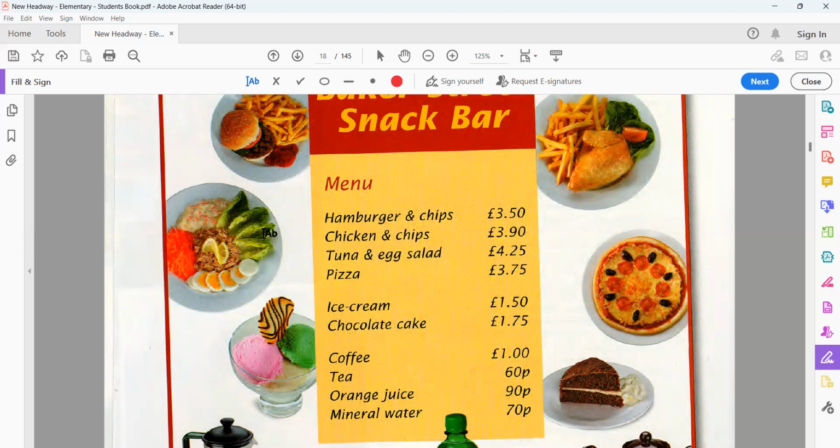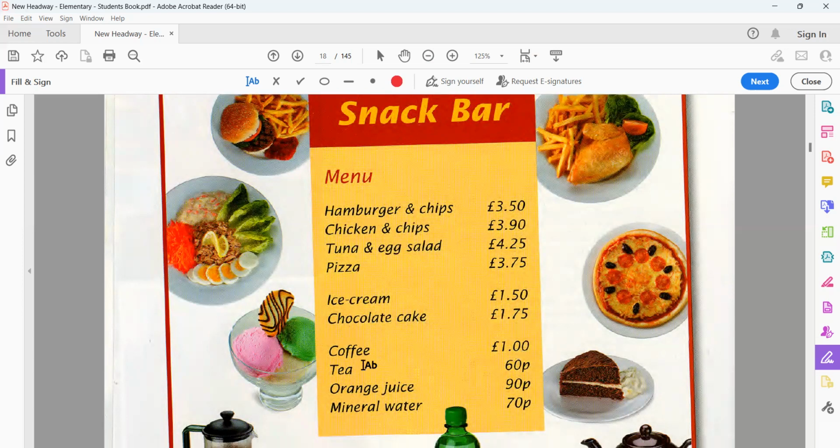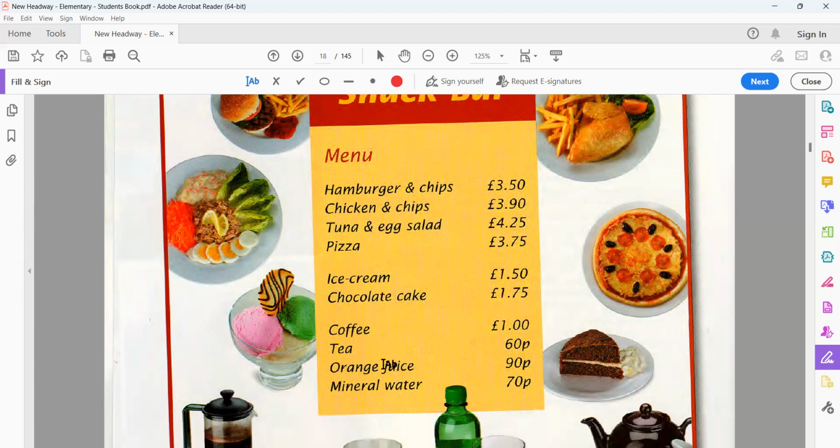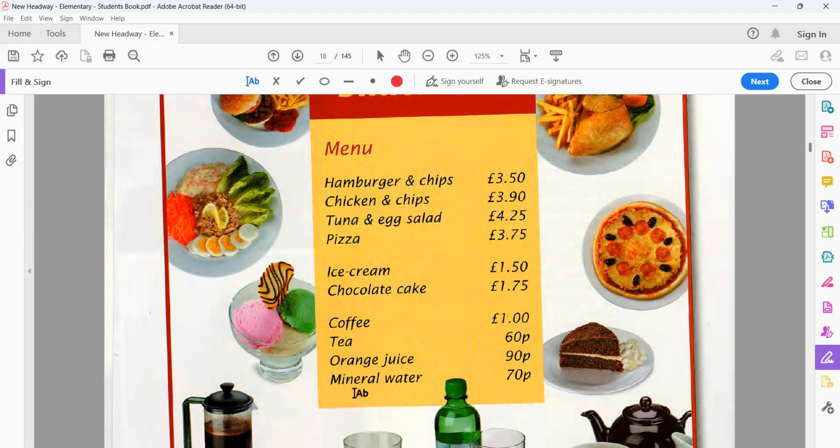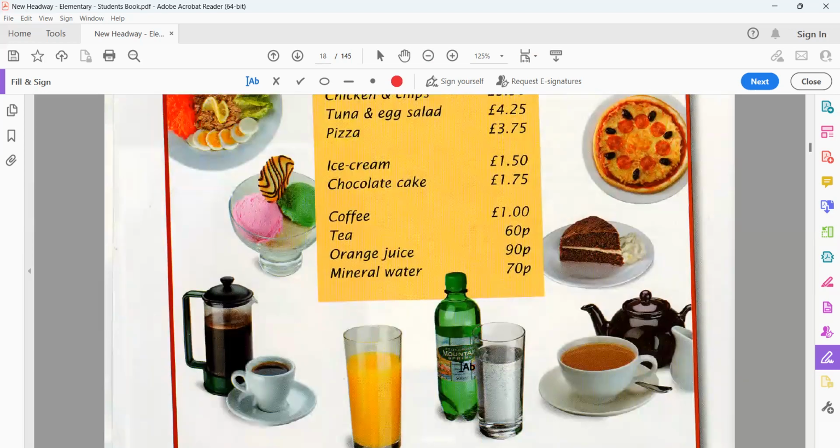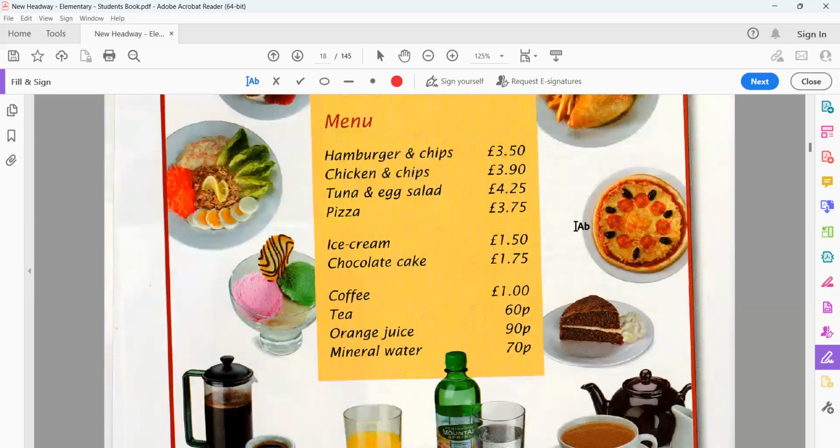Tuna and egg salad. This is tuna and egg salad. Pizza, we have pizza. Ice cream, chocolate cake, coffee, tea, orange juice, and mineral water. Okay, so this is mineral water. And here are the prices. We have £3.50, and here we have 60p, 90p, 70p, and so on.